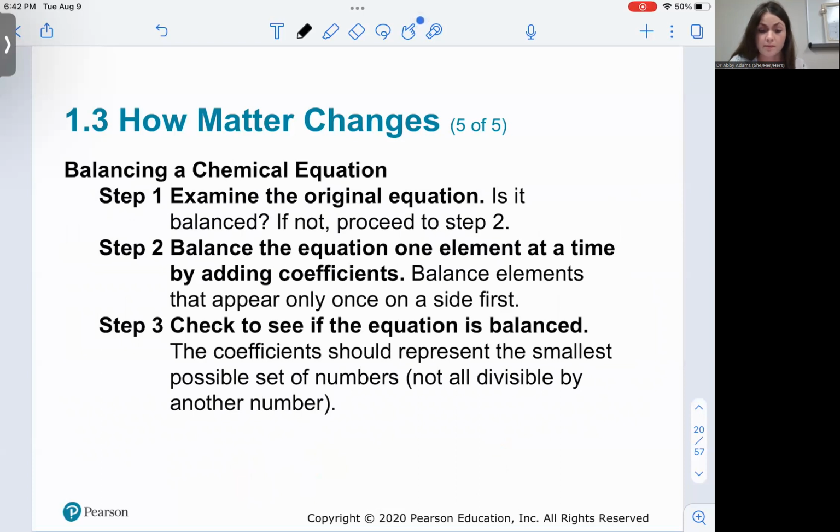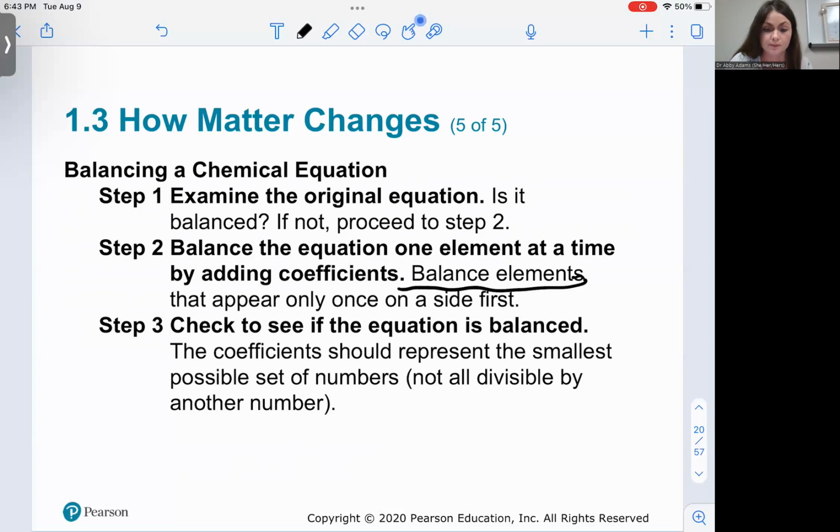Second, you have to balance the chemical equation, and you've got to be careful. Something that you should do is balance elements that appear only once on a side first. Remember this when working the problems. If you don't do this, you're probably going to have to start over and repeat balancing the equation, and you'll see that.